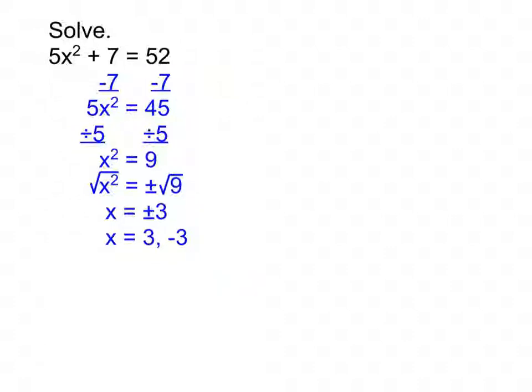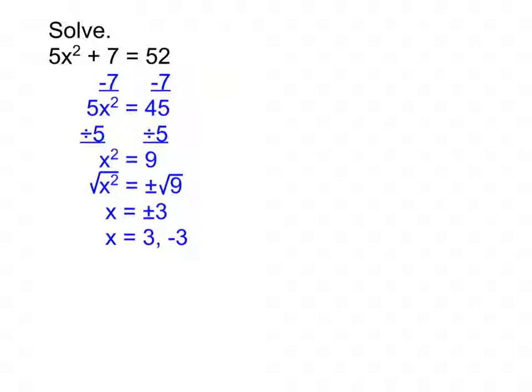It needs to go in with the square root, and it only goes on the side that's just the number. I don't need to write it in front of the x squared part. Basically, our pluses and minuses will just cancel each other out. We don't need to worry about that. So just write that plus or minus in front of the number part, which in this case is the right-hand side. So we get x equals plus or minus 3 again, so x equals 3 and negative 3.